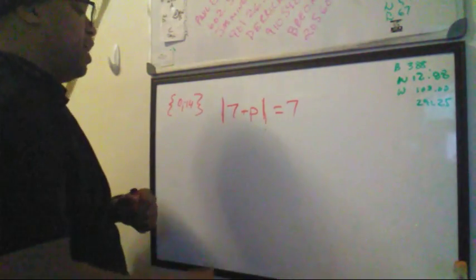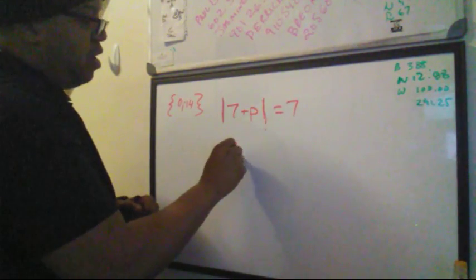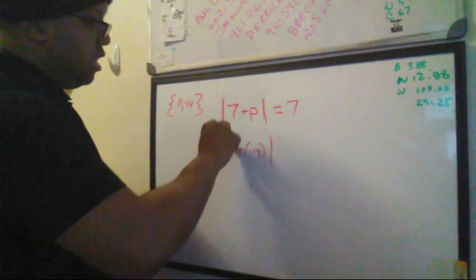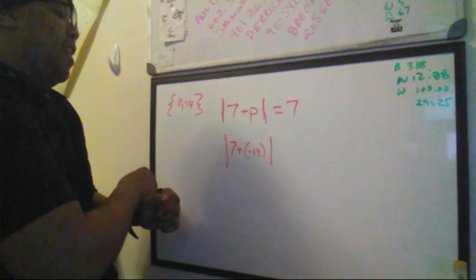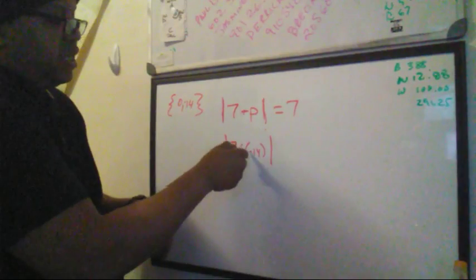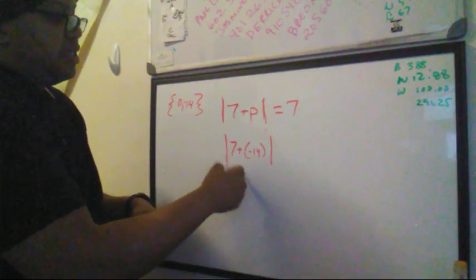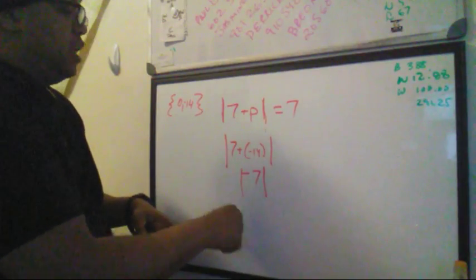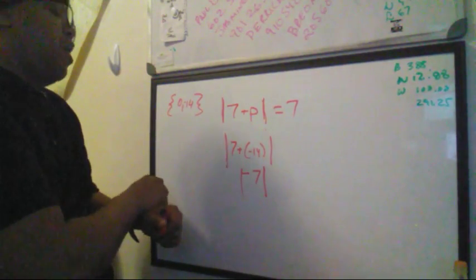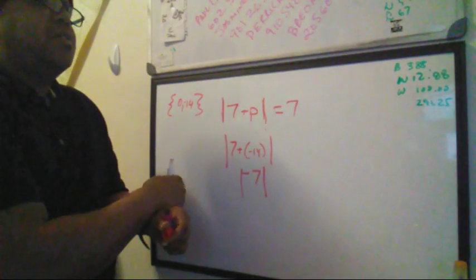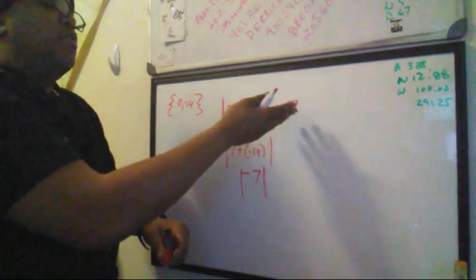And then if we put negative 14 in here, 7 plus negative 14, remember, this is in the container of the absolute value. You are going to get a negative 7, but it is within the absolute value bracket. So even though we have negative 7 within the absolute value brackets, we look at it like 7.